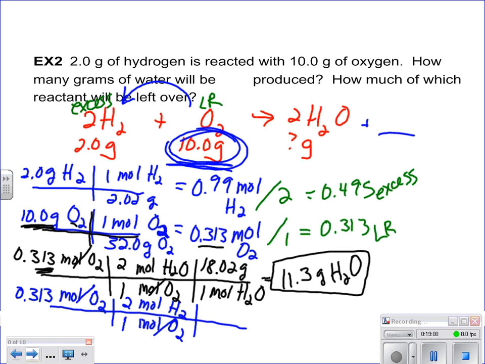Last step is to get it to grams. 1 mole is 2.02 grams for our hydrogen. And in this case, we see that for hydrogen, it's 1.26 grams.